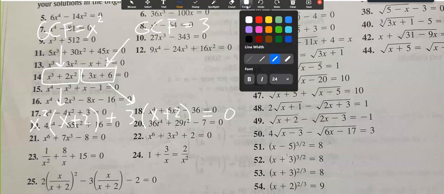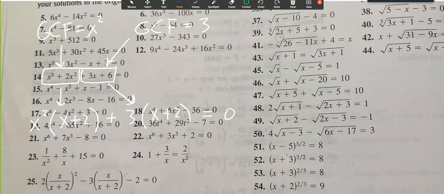Yes, I'm with you. Okay, now suppose we look at these two green boxes. What do these two green boxes have in common? It's x plus 2, right? They both have an x plus 2.